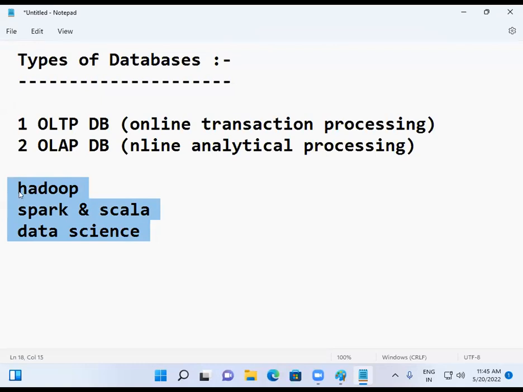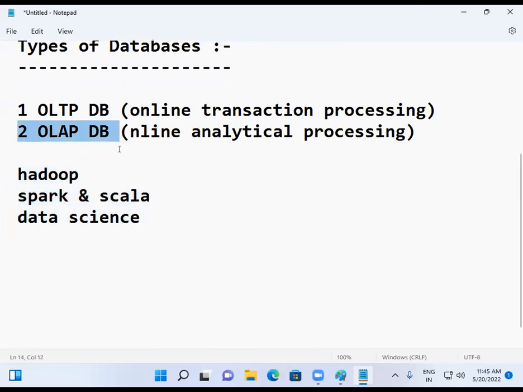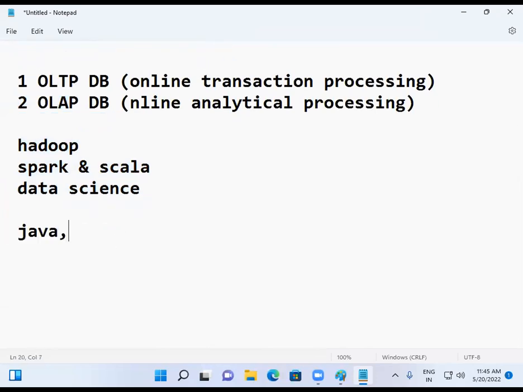Understood. So these technologies come under which category? Hadoop, Spark, data science, they all come under OLAP. You take, for example, Java, .NET, PHP, Python. Then tell me, all these come under which category?